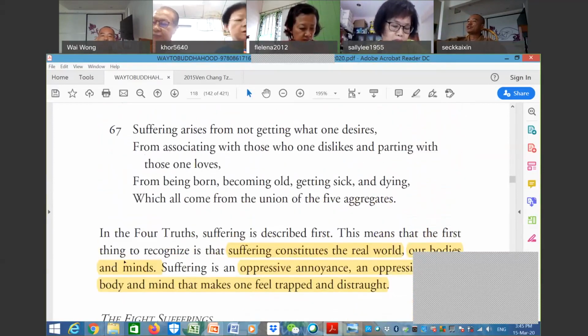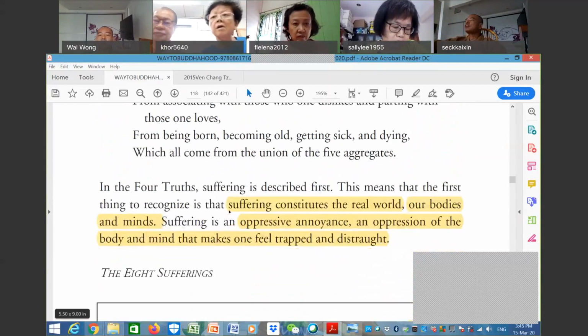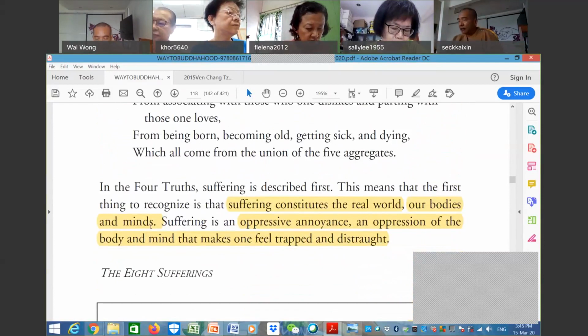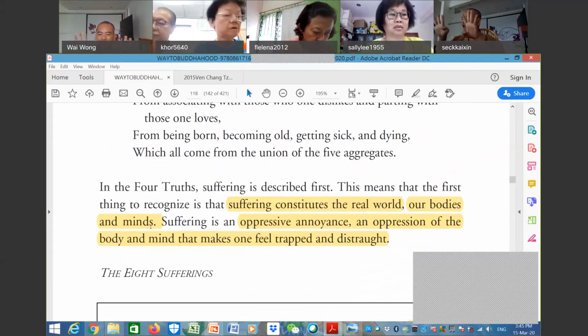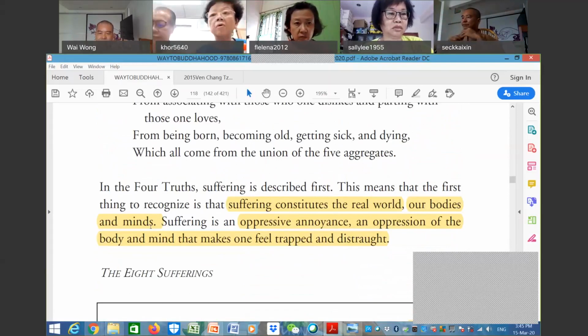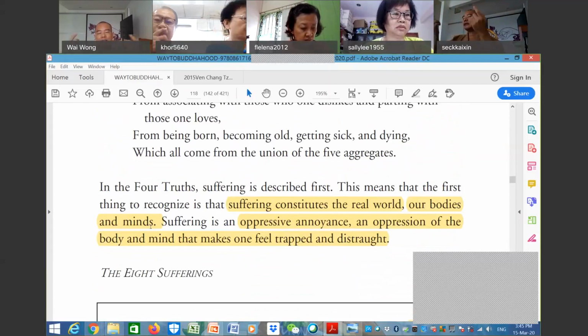The first truth: suffering constitutes the real world, our body and mind. As I say, sometimes there's a definition for the suffering. Once we talk about body and mind, it's the last definition. The previous 7 sufferings are due to the last suffering, which is our body and mind.